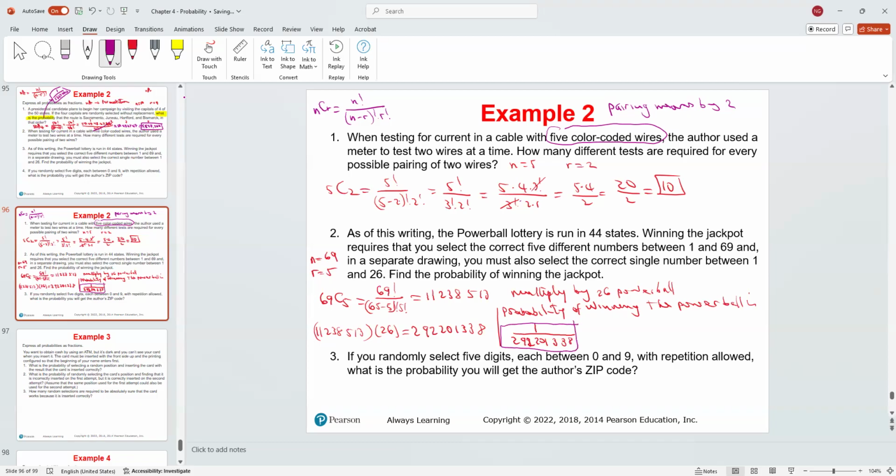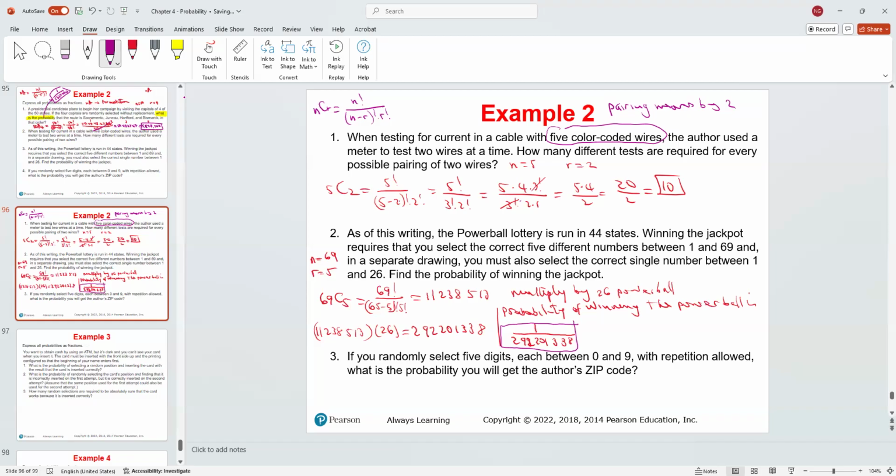I think we did an example like this before. The probability of getting the author's zip code should be very simple. We didn't do it for the zip code, but we did something similar.